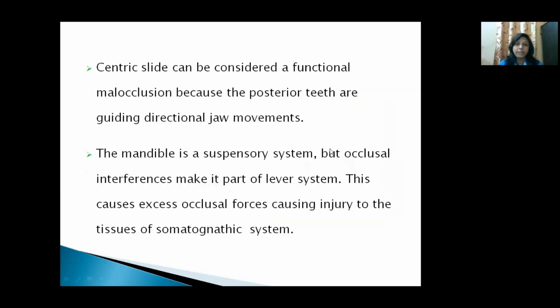Centric slide can be considered a functional malocclusion because the posterior teeth are guiding directional tooth movements. The mandible is a suspensory system, but occlusal interferences make it a part of a lever system. This causes excess occlusal forces, causing injury to the tissues of the stomatognathic system, and that is an undesirable aspect.